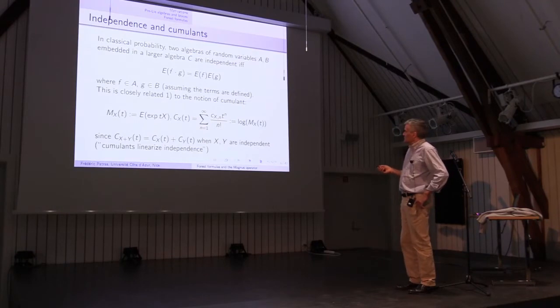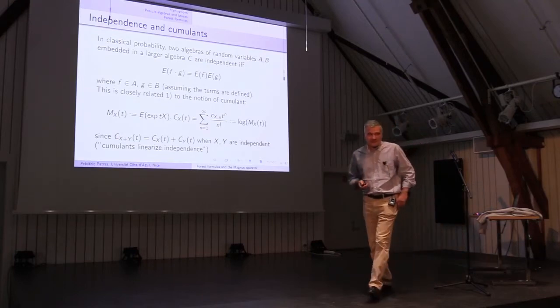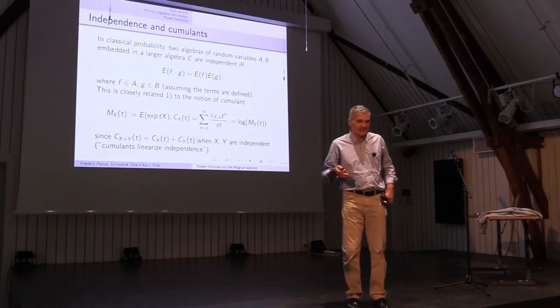And if you come back to the definition of independence, you see that the independence of two random variables x and y translates into the fact that the generating series of cumulants associated to the sum is the sum of the generating series of cumulants. So in a certain sense, cumulants linearize independence.